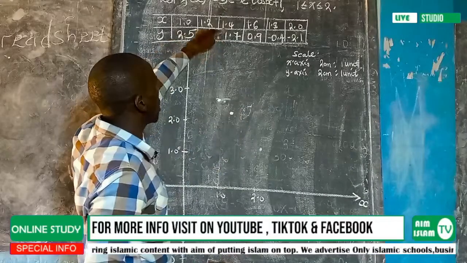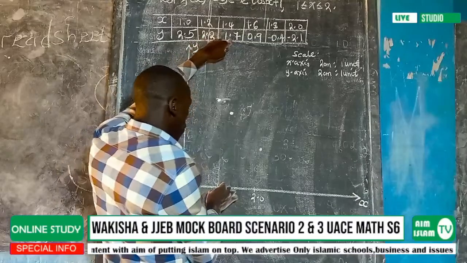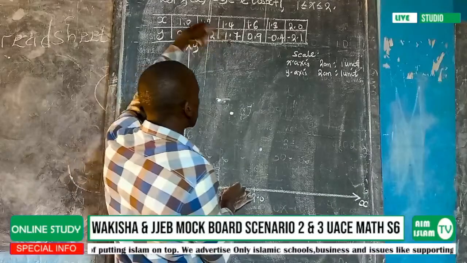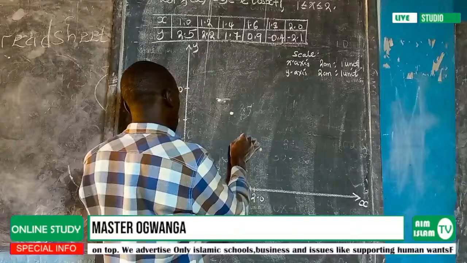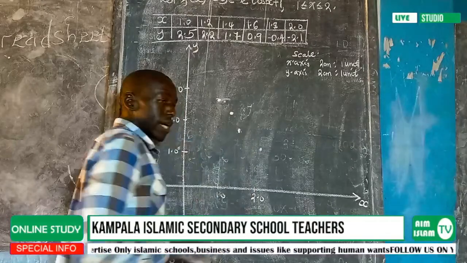Then the next one is 1.4 against 1.7. 1.4 is after 1, with a difference of 4 small boxes, and 1.7 also here. So we can have that.